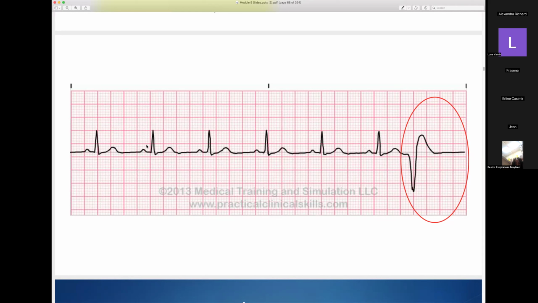The QRSs are the same distance apart. So what's the heart rate here? Very good. 60. So I would call this sinus rhythm with a PVC.